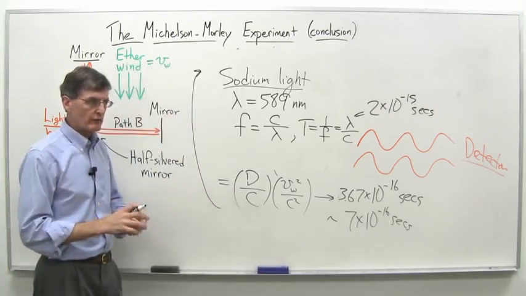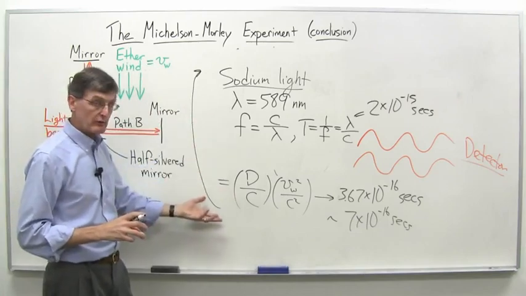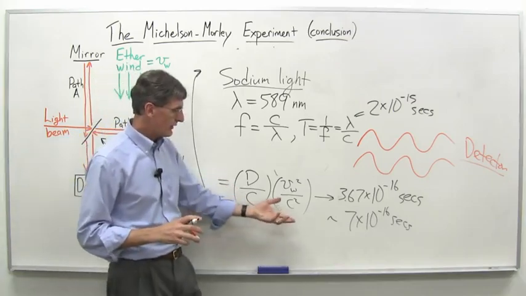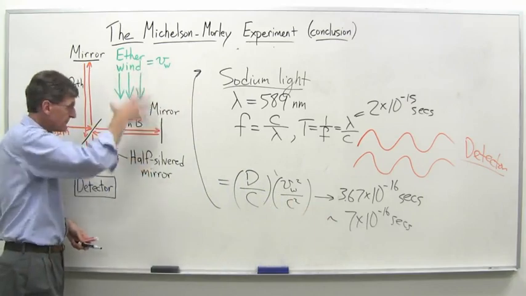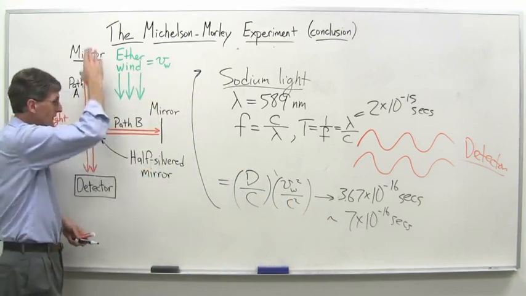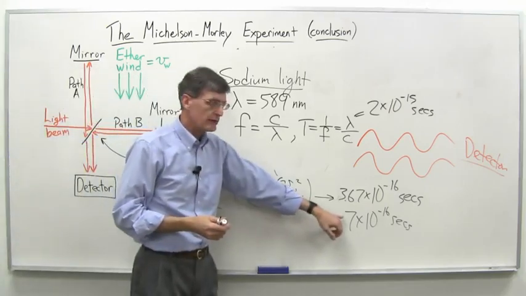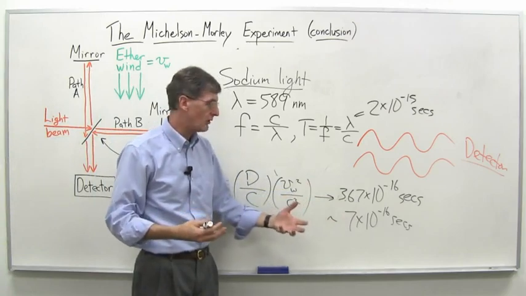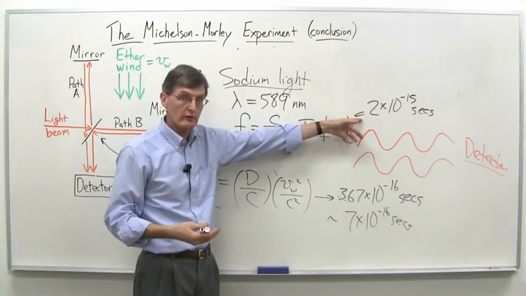How is that significant for us? Because look at this. The experimental analysis says that the time difference, if there's this ether wind blowing here, a cross wind and then a tailwind headwind case, is 7 times 10 to the minus 16 seconds. Really, really small. But compared to the period, not so small.